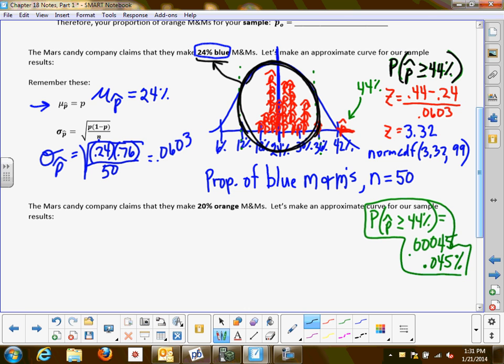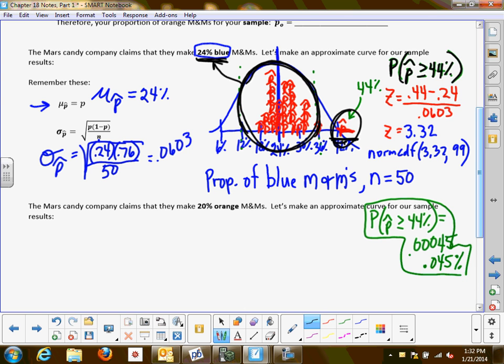But guess what? This person here has evidence. This person here got a rare enough sample that is so statistically unlikely to have happened if the M&M company is putting out 24% blue. So this was the one package I picked out of the whole smear of boxes of M&Ms that I had today.